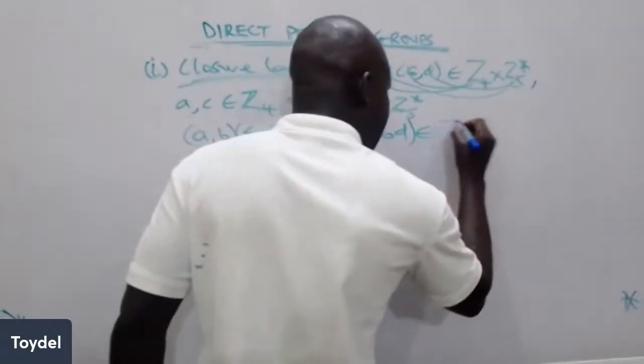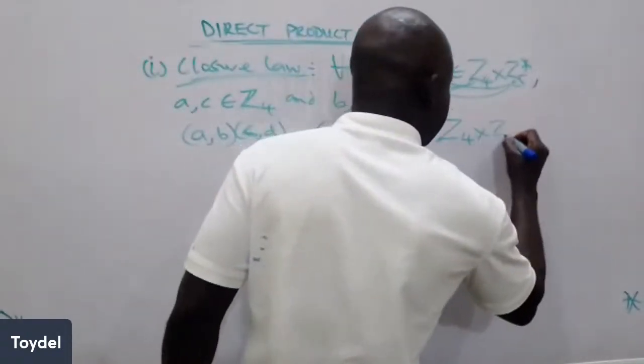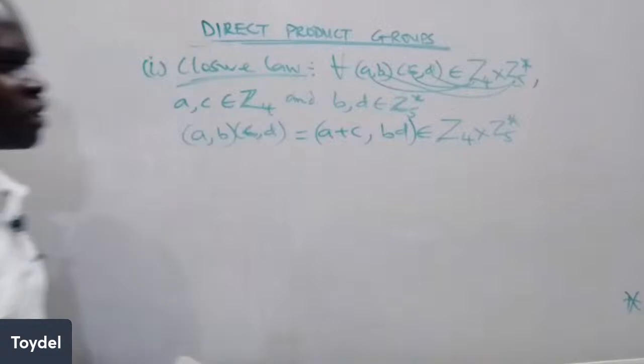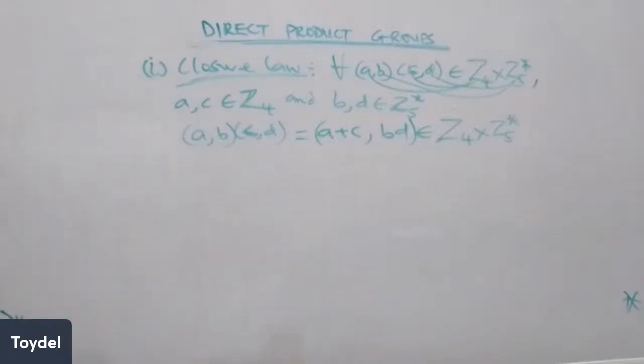And this automatically belongs to Z4 cross Z5 asterisk. The first element is for Z4, the second element is for Z5 asterisk. So under the closure property, that's what we are going to have.